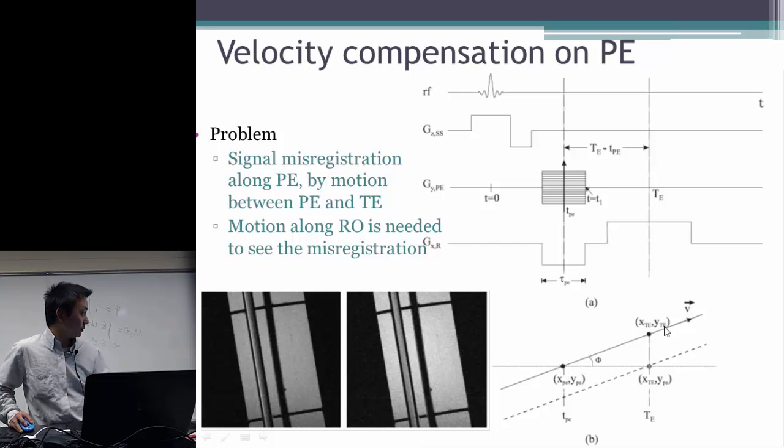That means for the reconstruction, it will be reconstructed at the same location along the phase encoding direction. So this spin would appear at the original location from when the phase encoding gradient is played out.